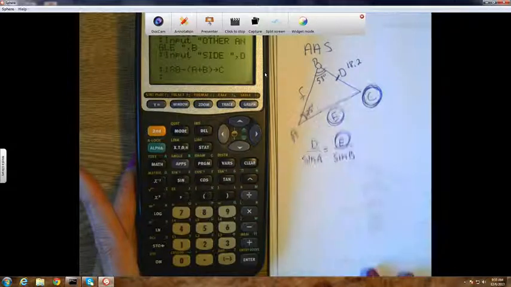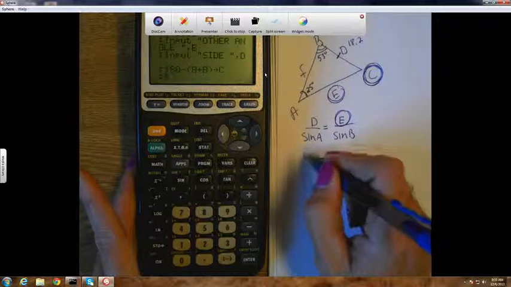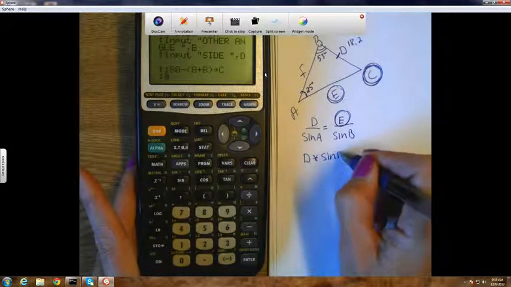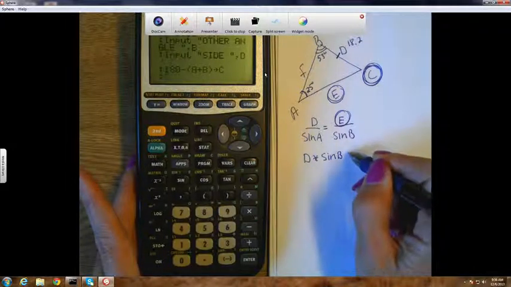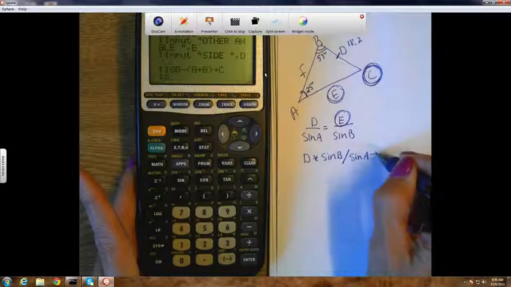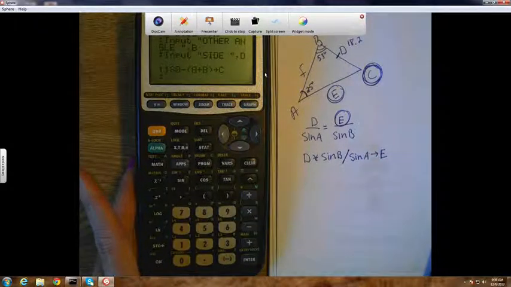What kind of math would I have to do? So it's D times sine B, then what? Sine. And where are we going to store that at? E.